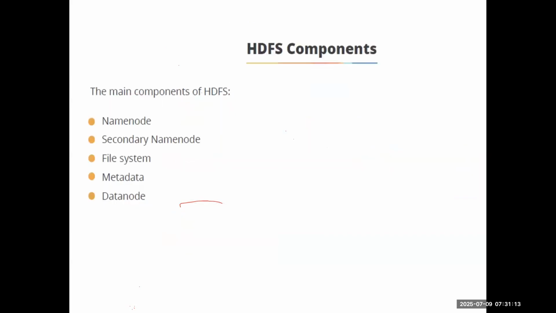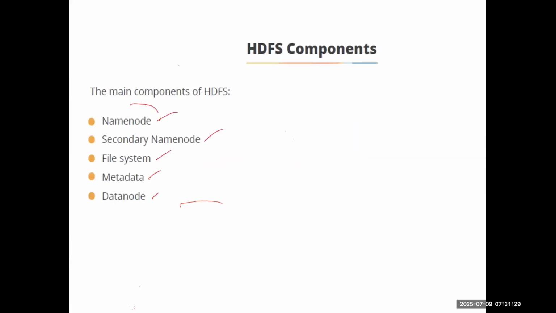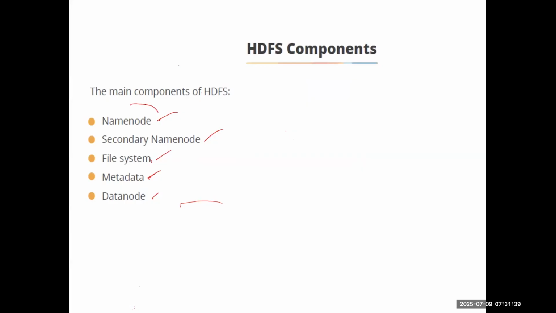So HDFS has these important components: name node, secondary name node, file system, which is HDFS, metadata, and data node. The data node is where we run the job. Metadata means information about the data, and it is stored on the name node.